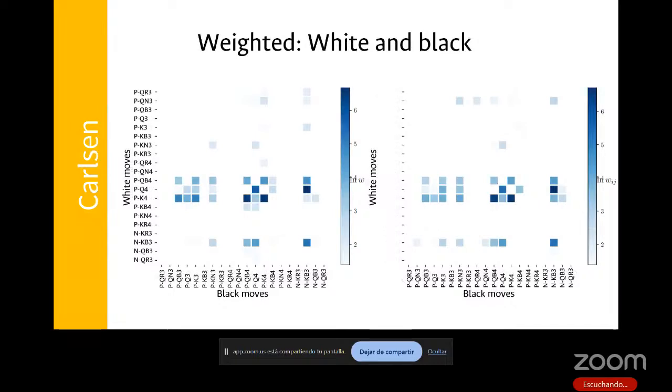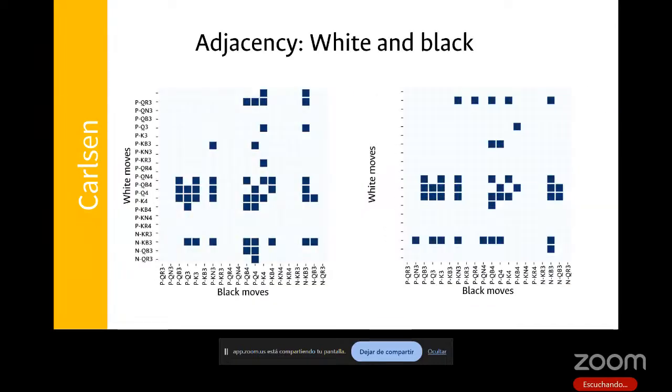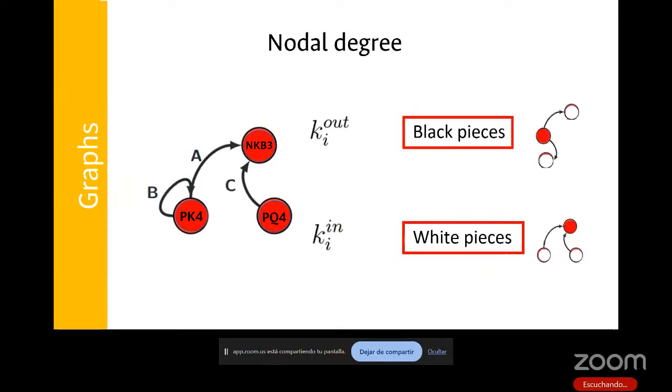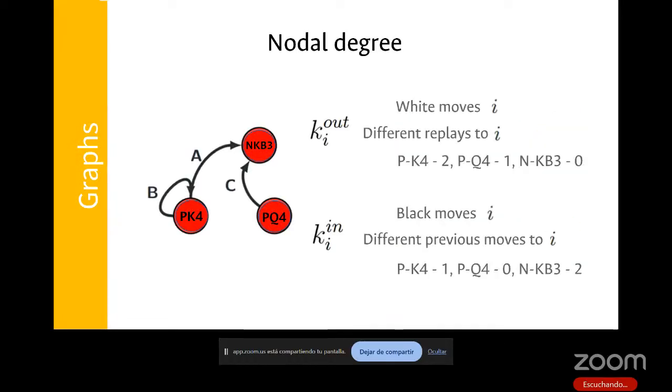This is, for example, the adjacency matrix. It means did he play it or not, and you can weight it. So this would be the weighted matrix. When you have your network, you can define the out degree and the in degree for any one of these nodes.